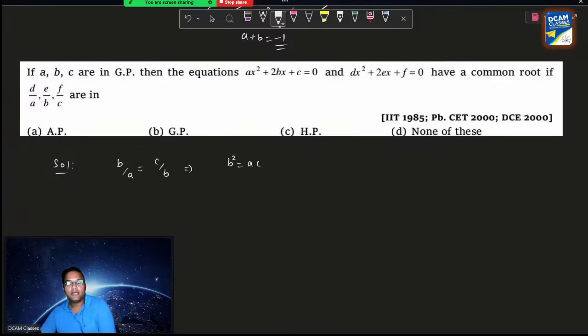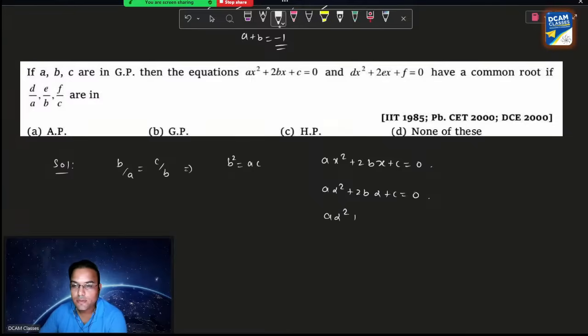It's easy to find that common root here. See, in the first equation, ax square plus 2bx plus c is there, no? One root is common. So a alpha square plus 2b alpha plus c is equal to 0 will be there. B is equal to root AC.